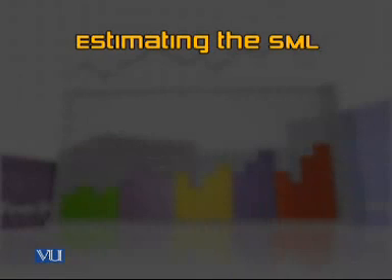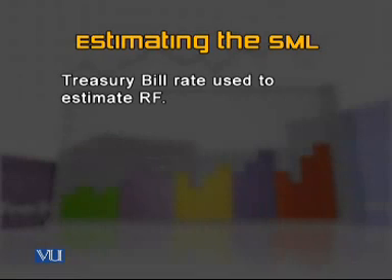We're focusing on securities, trying to get out of the market in general and focus on individual specific scrips. So the estimation of the security market line is important, and the treasury bill rate is used to estimate the risk-free return, and it is important to realize that.